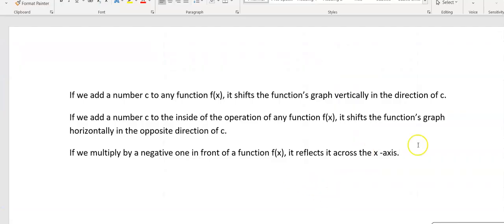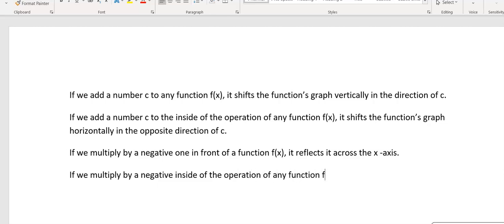So if we multiply by a negative inside of the operation of any function, so in this case it was the cube part was applying to our negative, it reflects it across the y-axis.